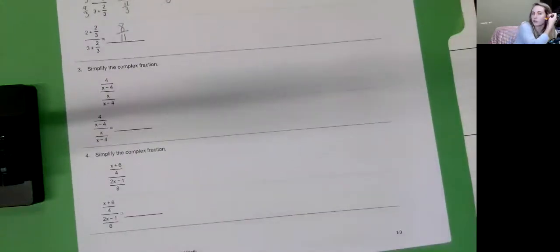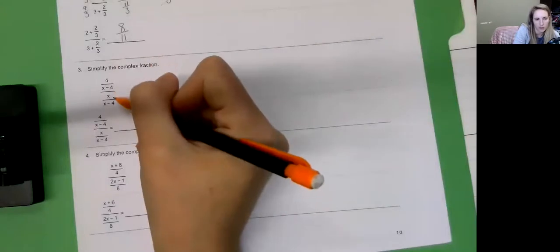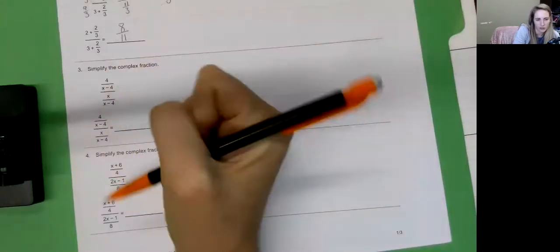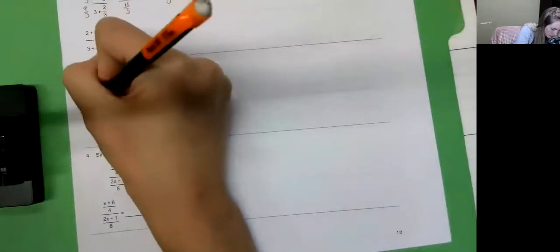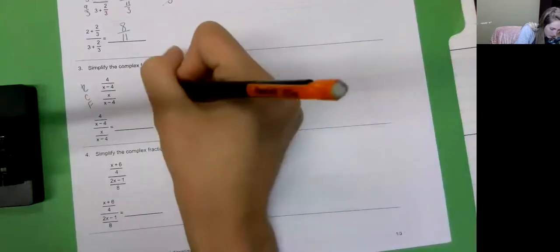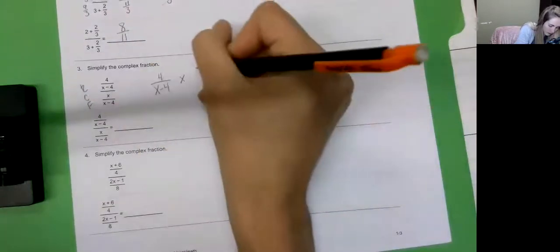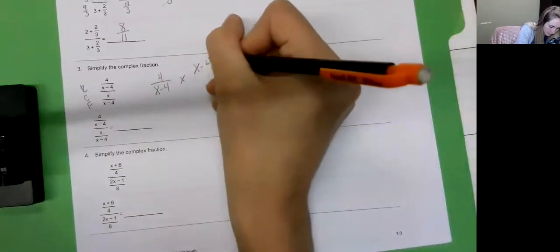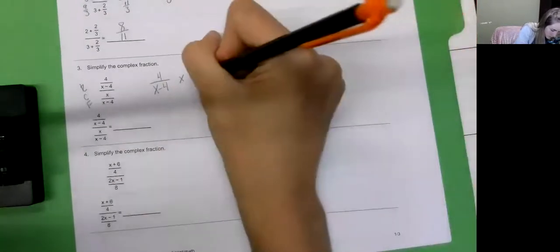Here we have 4 divided by x subtract 4 all over x minus 4. So we're going to, so we have 4 over x subtract 4 times, and we're going to flip this. Probably shouldn't put an x anymore for times.